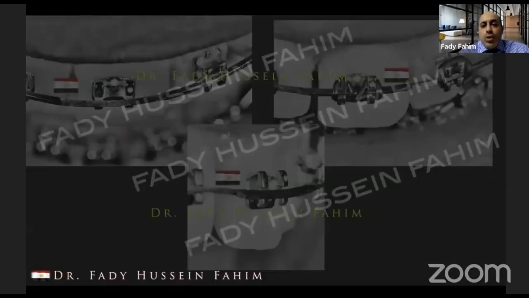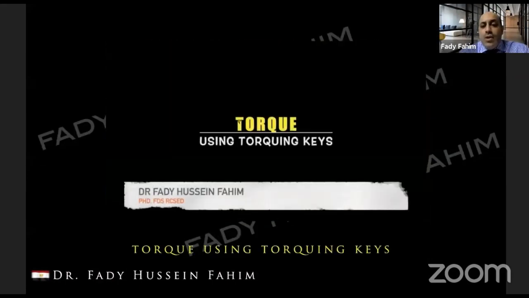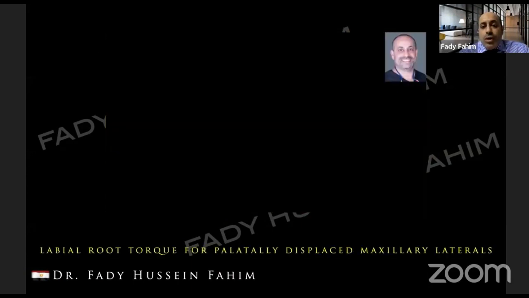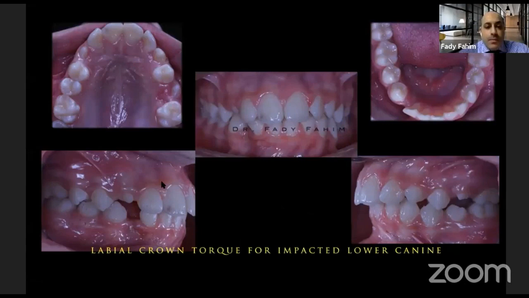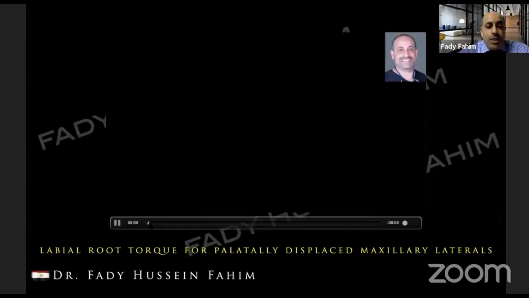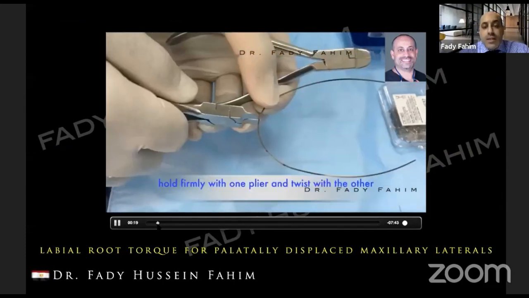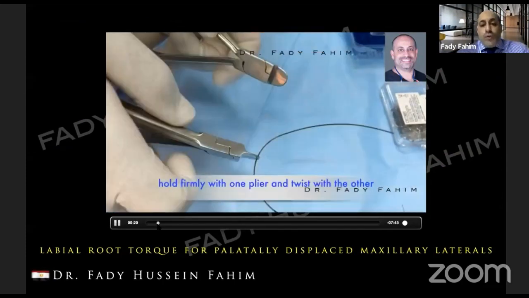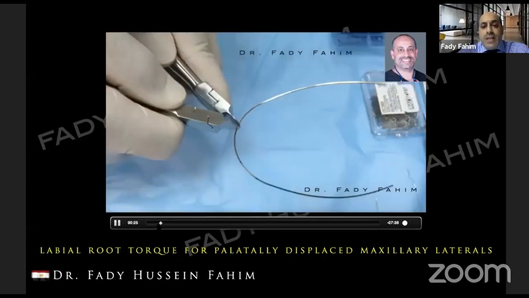Of course, you can always twist the wire using the torquing keys, and then place them inside the bracket. Make sure that they are fully seated inside. Of course, in most of our cases, we have a problem in the third order bends in the maxillary lateral incisors.